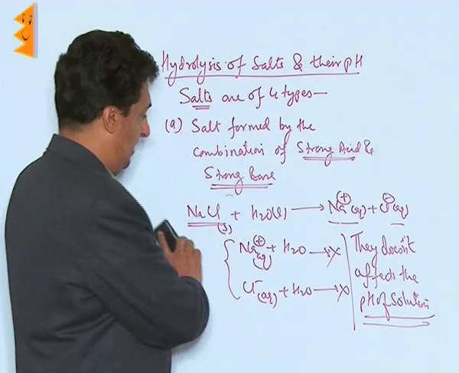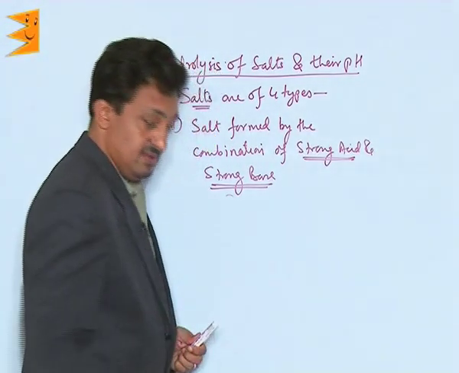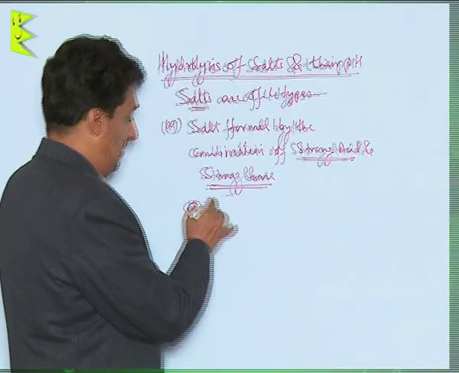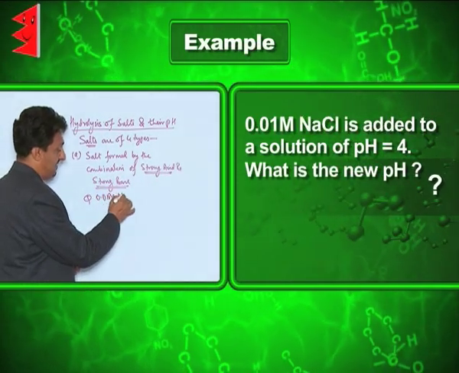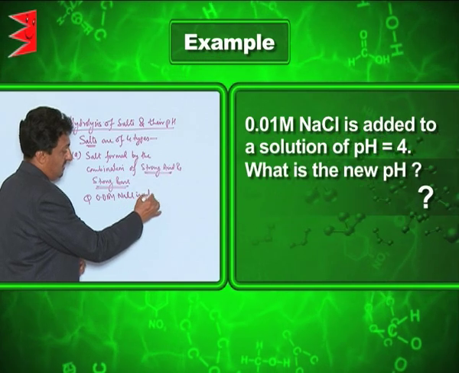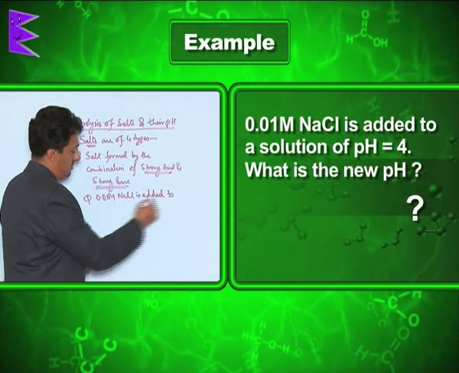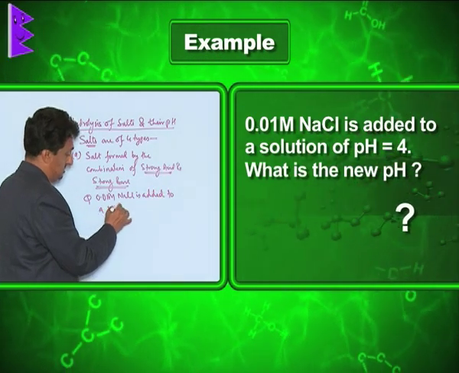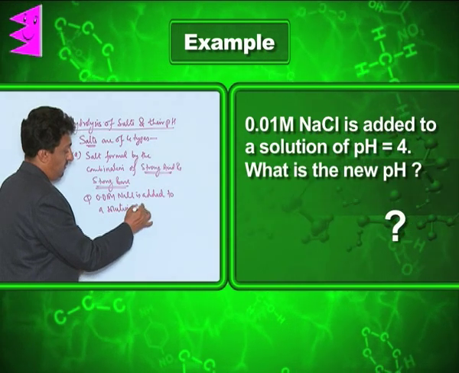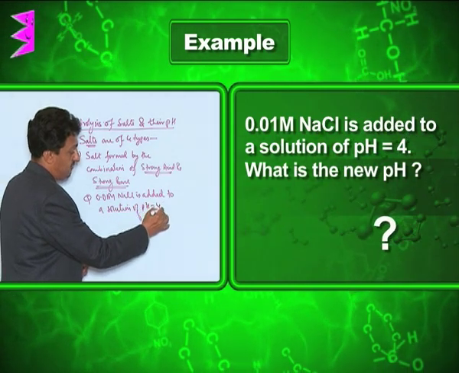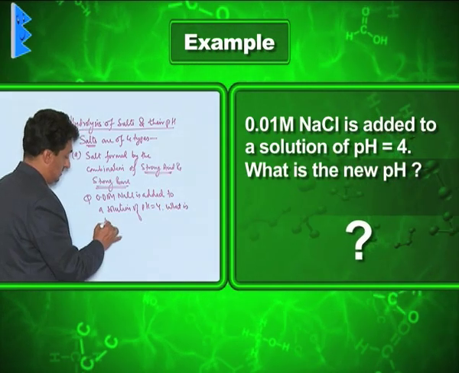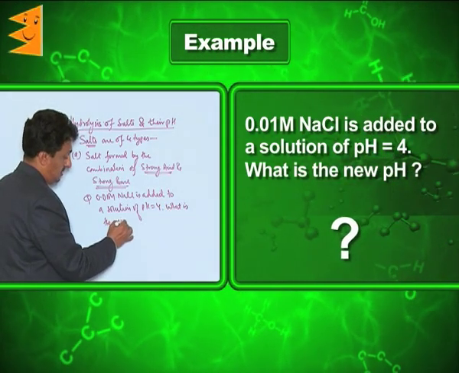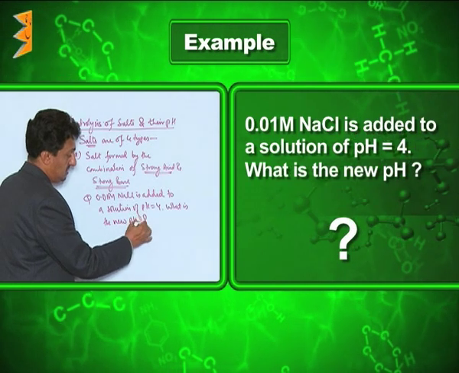That is how, if I say that 0.01 molar NaCl is added to a solution of pH equal to 4, what is the new pH?